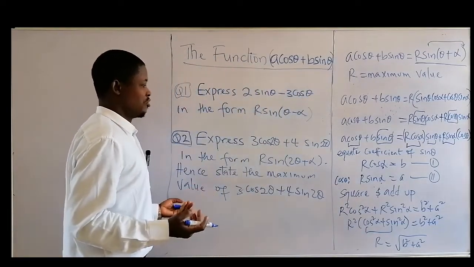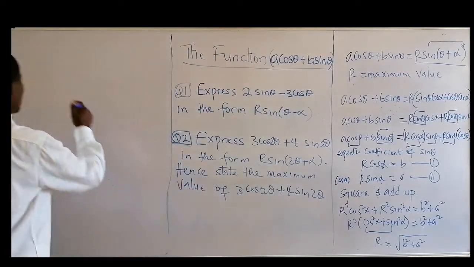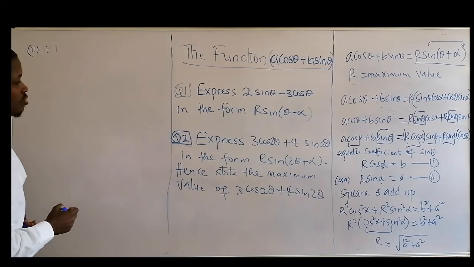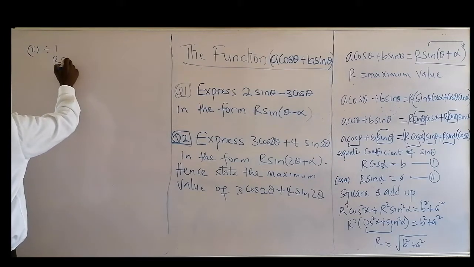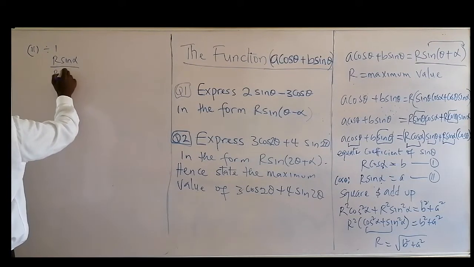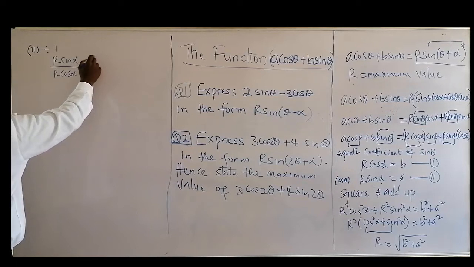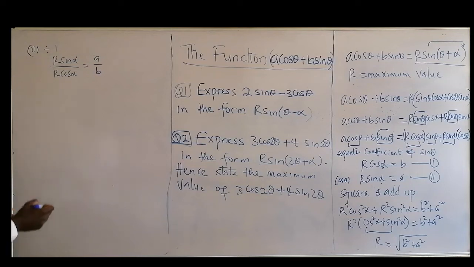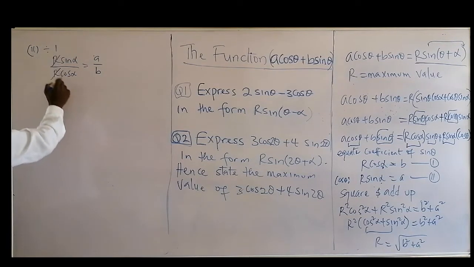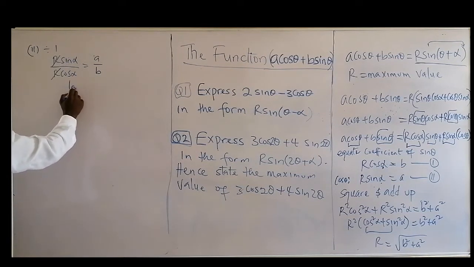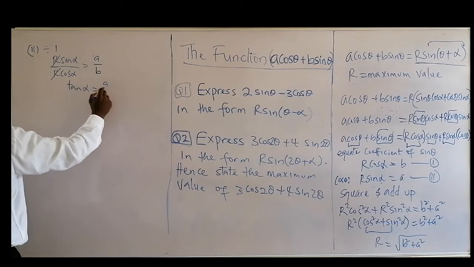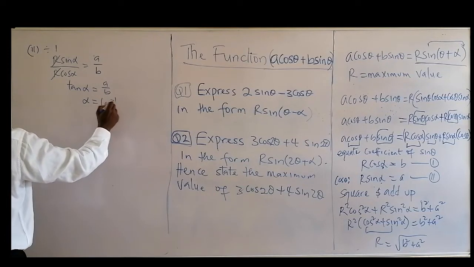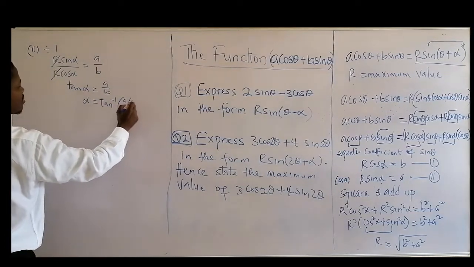If you want to do that, you can also divide equation 2 by 1: r sin α over r cos α equals a over b. Sine over cosine is tan, so tan α equals a over b, and then α will become arctan(a/b).